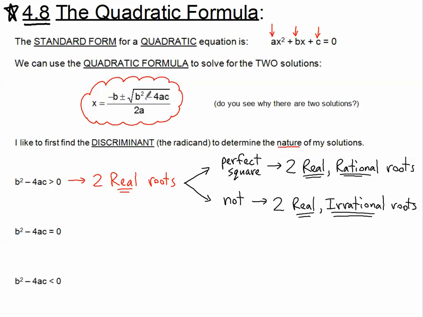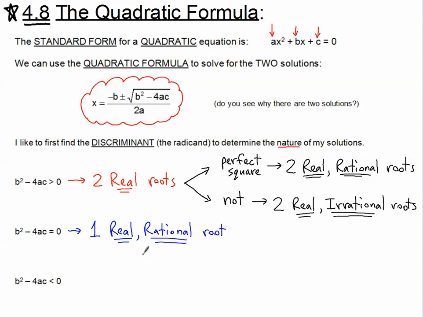So if we have this, we're going to have one real rational root. Sometimes we call it a double root because it's the same number that solves our equation twice. We always have two solutions, but in this case, the two solutions actually appear as just one number.